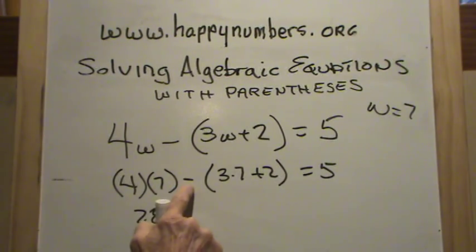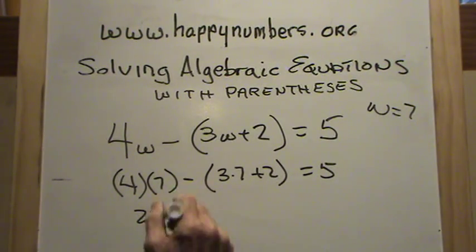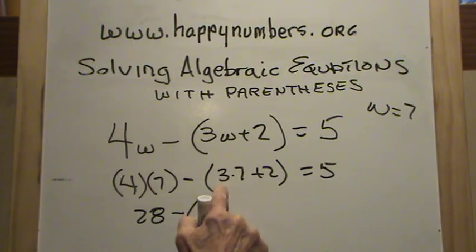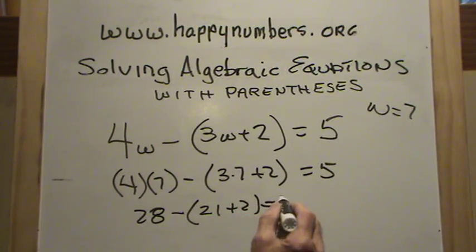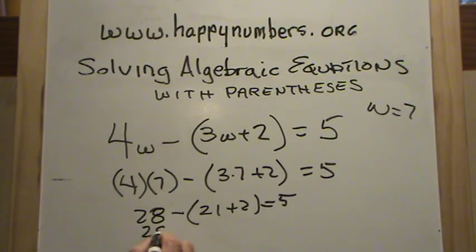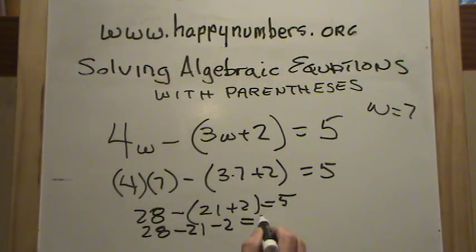Minus 3 times 7 is 21, plus 2 equals 5. Now a negative 1 times positive 21 is minus 21, and a negative 1 times positive 2 is minus 2, equal to 5.